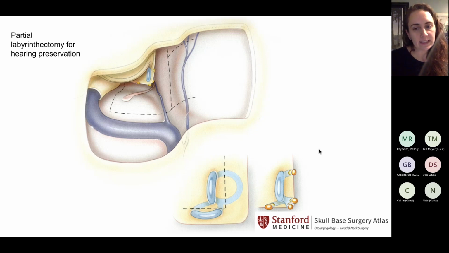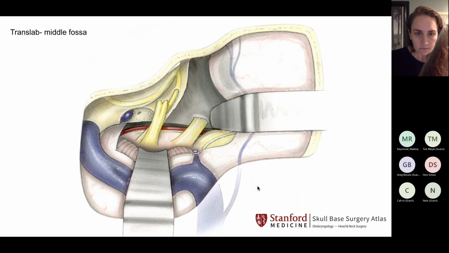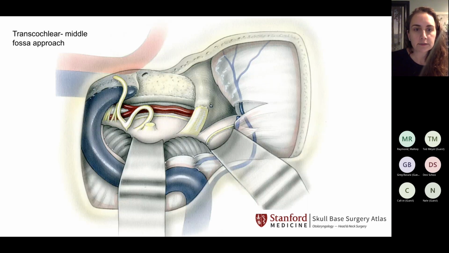It only improves the view for the neurosurgeon by a few millimeters. In some cases, that may be enough. But typically, if we're using this approach, they want as much as they possibly can have to see. This is, again, that translab approach that we talked our way through earlier.